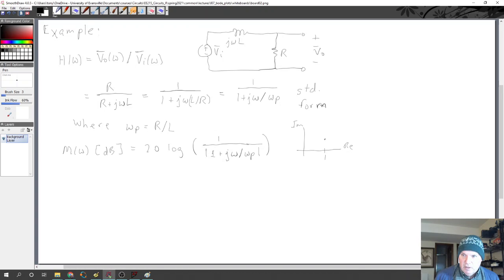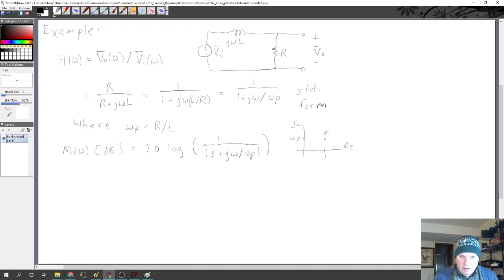As omega increases, this dot is going to move vertically along this real axis equal to 1 line. As omega increases, this point will just move up. As it decreases, it will move down.